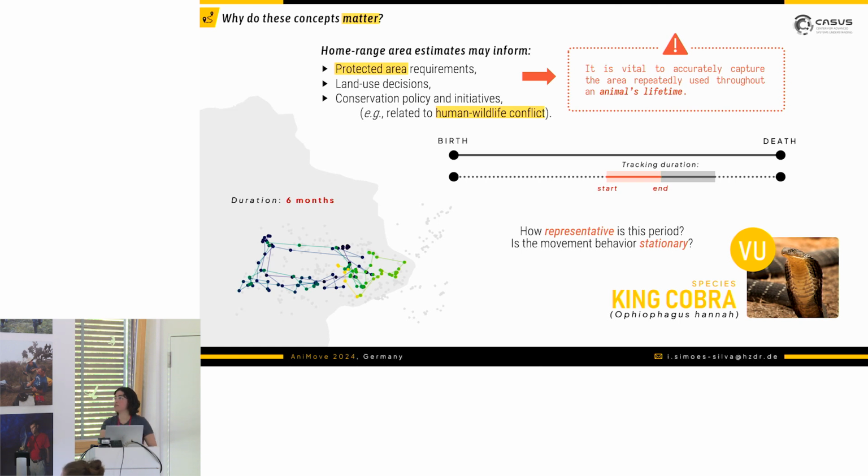I just subsetted the data for the first 6 months, and it always stayed within the protected area, right? So if by chance, when we went out and collected data, the animal died, we would have seen this, and our idea would be, okay, maybe they never go out of the protected area, right? So there was never potential for human-wildlife conflict in this scenario.